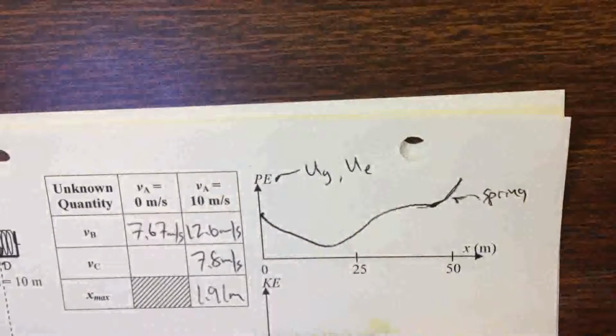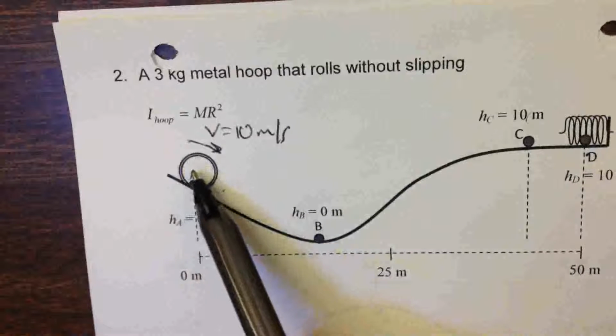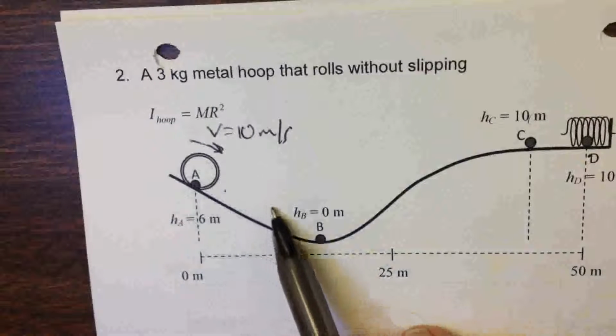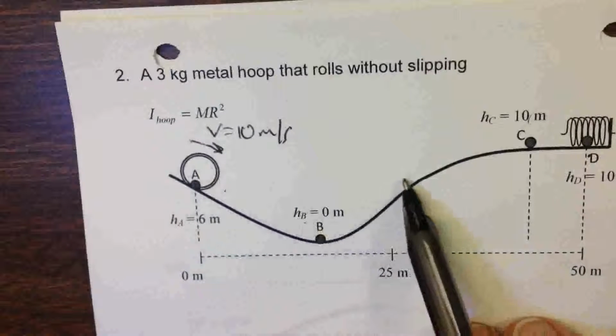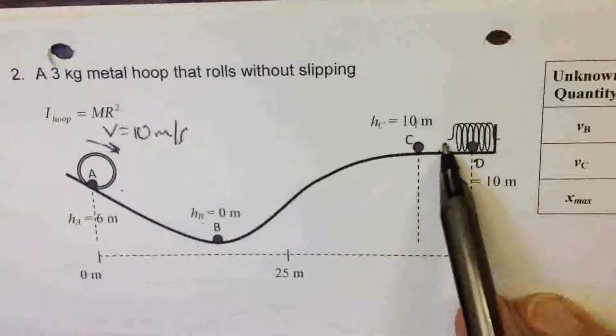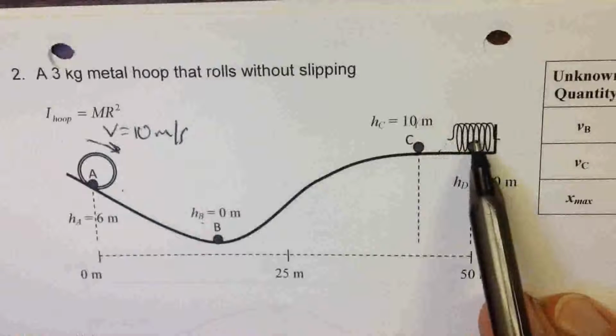Okay. What about the kinetic energy? Well, our kinetic energy is made up of rotational and translational. Just think about it as the motion. The motion increases, and it decreases, and it will remain constant. And at the very end, what happens? The motion comes to an end. So we should end up at 50.